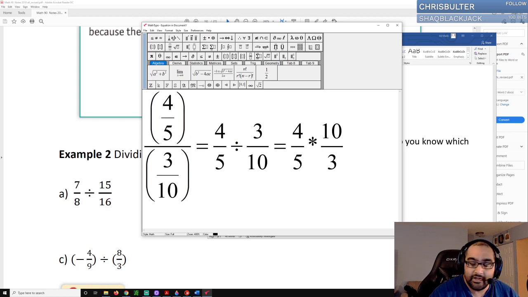So we just took the reciprocal of the second fraction and made it into a multiplication problem. Notice the first fraction here does not change. Just the second fraction we make a reciprocal, and we change the division into multiplication.